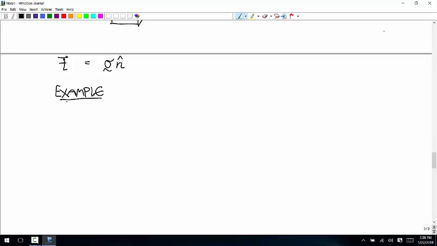Let's say that we have a stress state where all we have is a uniaxial normal stress. Okay, so let's say it's in compression. So the stress here is 5 times 10 to the 7 pascals.